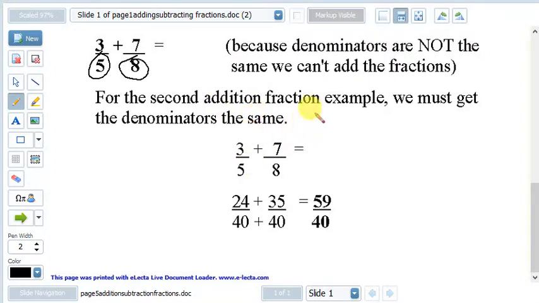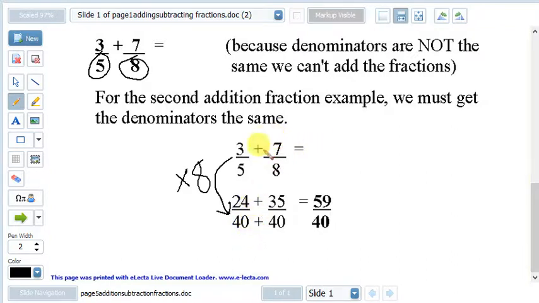And how we do that quickly is we times the first fraction, which is 3/5, top and bottom both by the denominator of the second fraction. So we times the first fraction, 3/5, by 8, and that gives us an equivalent fraction of 24/40.